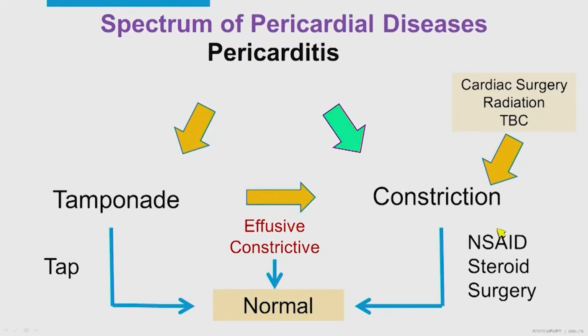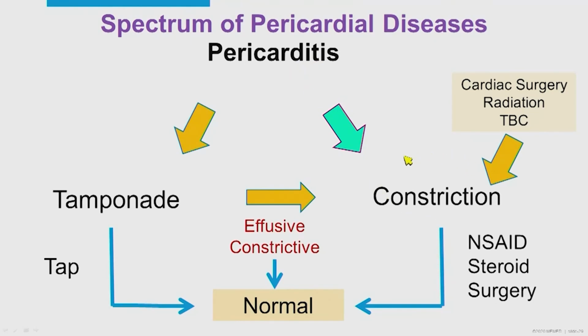So let me just then share with you a clinical spectrum of pericardial disease. There are many different ways that the constriction can present. The most common cause now for us in our practice is cardiac surgery. It used to be tuberculosis, and there's still a lot in developing countries, and also a lot of idiopathic. Another common cause is a previous history of pericarditis.